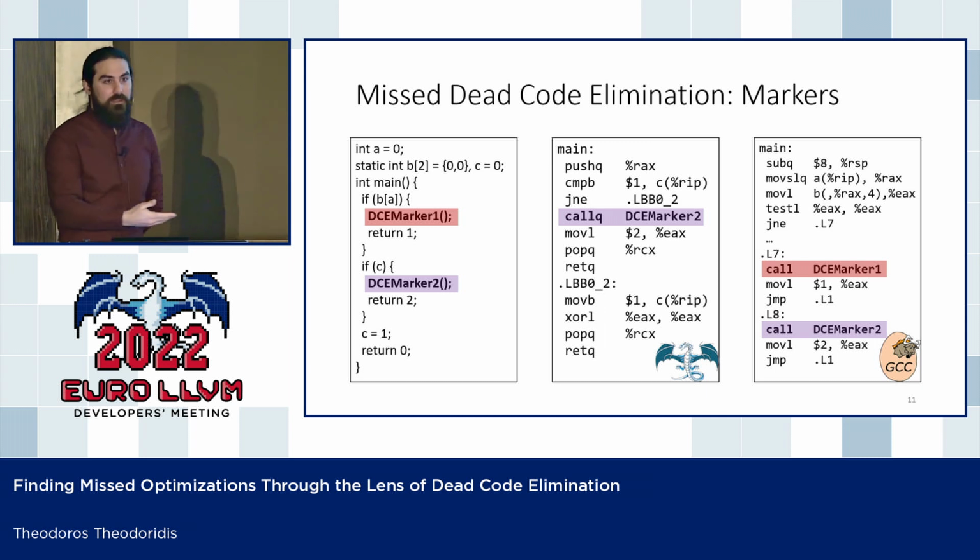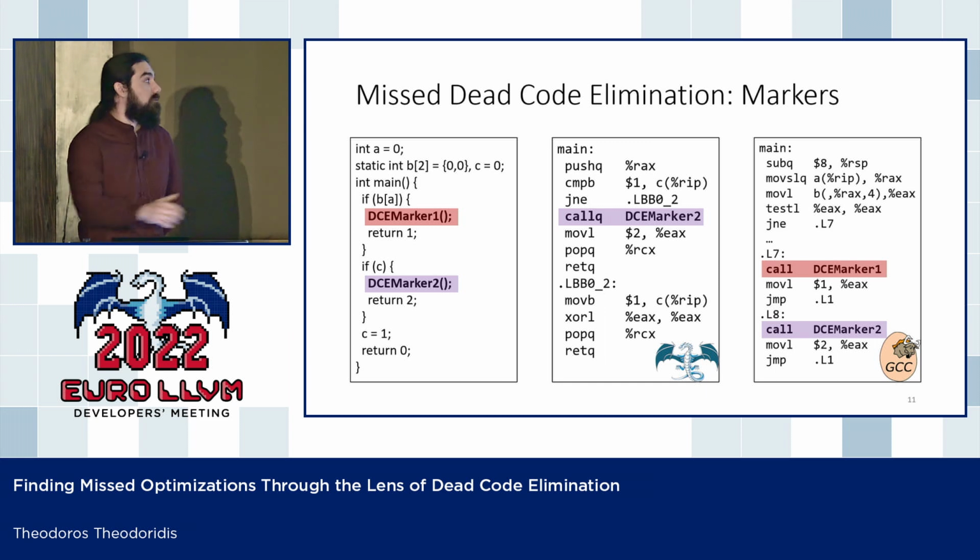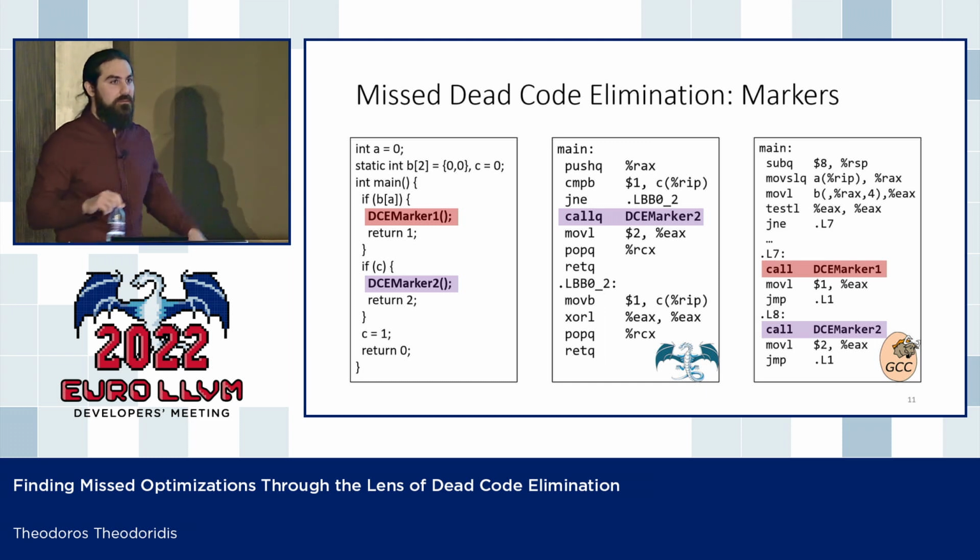We know that they are affecting what a compiler can do, but this doesn't invalidate the result. We can still find interesting missed optimizations or regressions. But for sure, they are changing the compiler's output, and maybe they're blocking certain optimizations. Thank you.